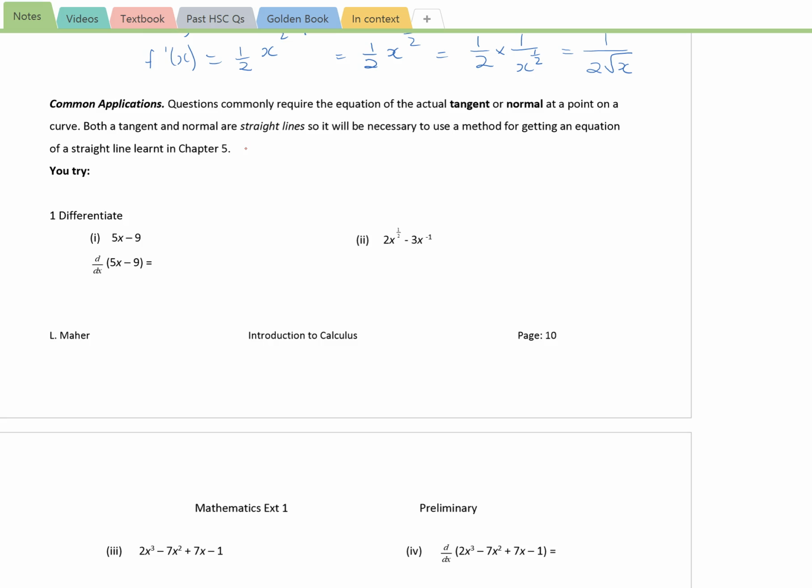And because both these lines, the tangent and the normal, pass through a point, it probably stands to reason that we would use y minus y1 is m times x minus x1 to get the equation of either one, because x1, y1 is a point and m is a gradient.